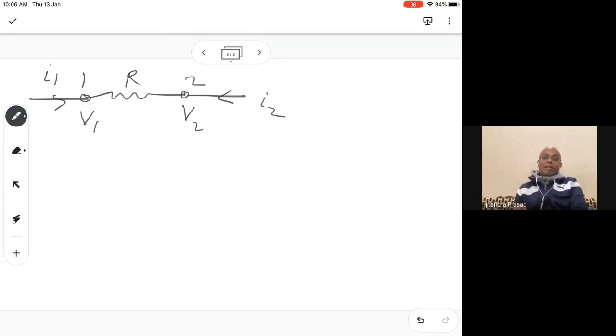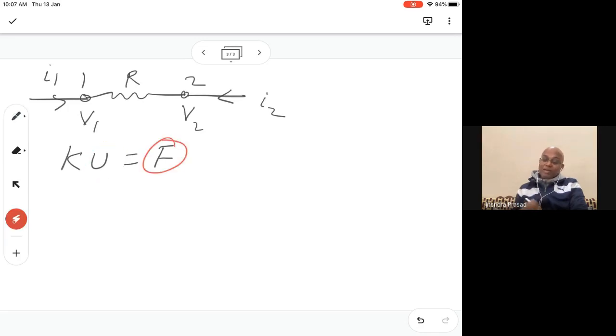And then there's a relationship among these. You can directly write the relationship, or you can also define the stiffness in this case the same way as you did earlier. Before we go further, we have to understand what is U here and what is F here.